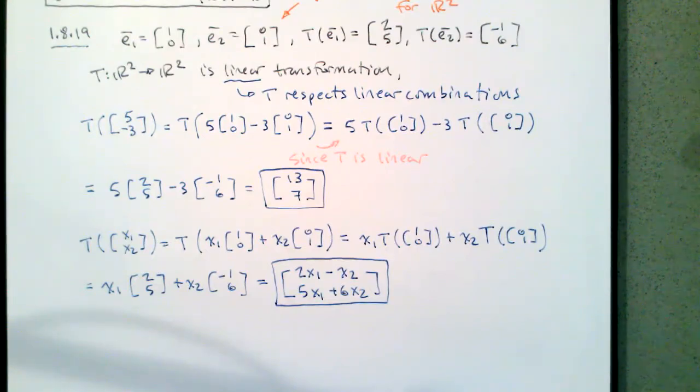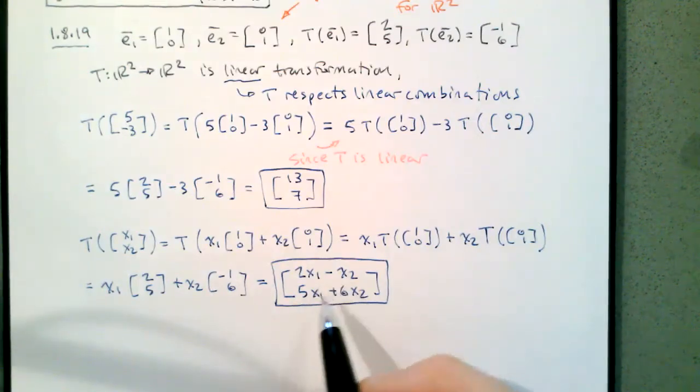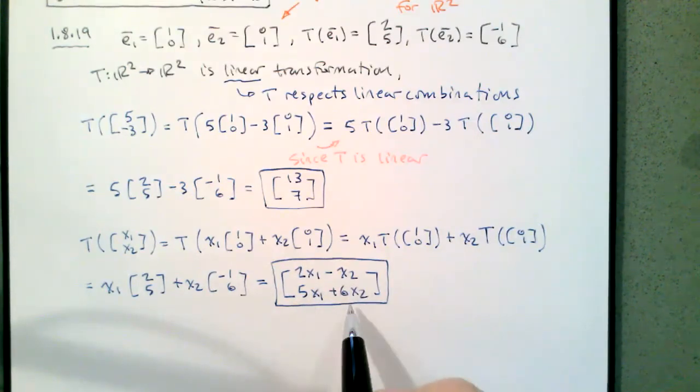A quick DVD bonus material moment. This is the end of the problem as far as section 1.8 goes. But 1.9 is about finding the standard matrix of the transformation. We know that if a transformation is linear, then there is a matrix that implements the map. And since T maps R2 to R2, there's a 2 by 2 matrix that implements the map. So we can write this vector (2x1 minus x2, 5x1 plus 6x2) as a matrix times the vector (x1, x2).